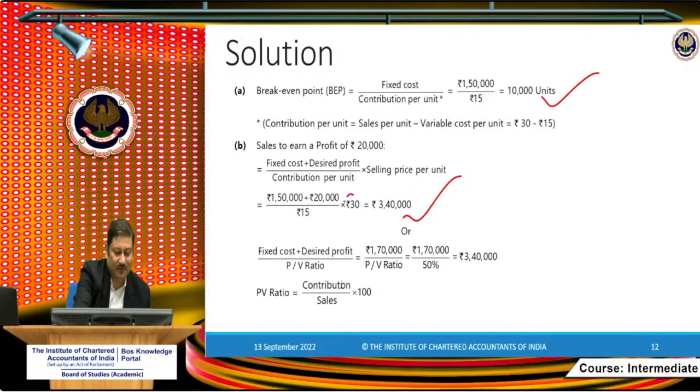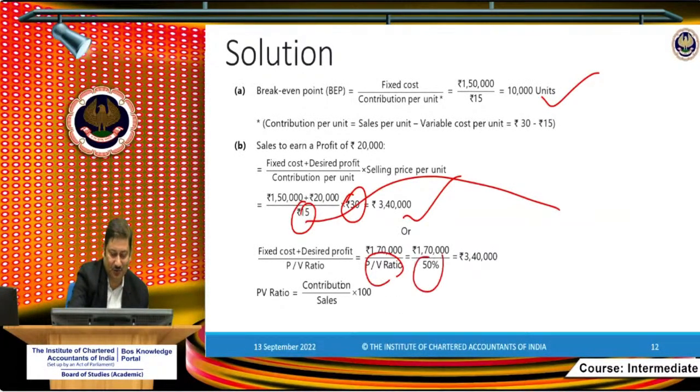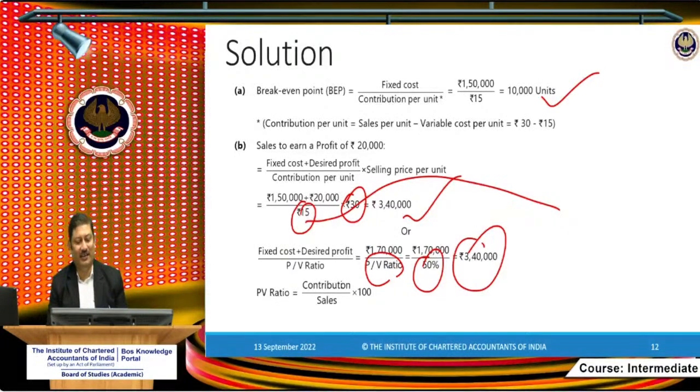Here we have taken contribution per unit divided by the selling price. You may not be doing it this way, but you can see here how it is done. PV ratio. So straight away, if you divide by PV ratio, you will get it. But if you want to calculate in this way, that is also fine.